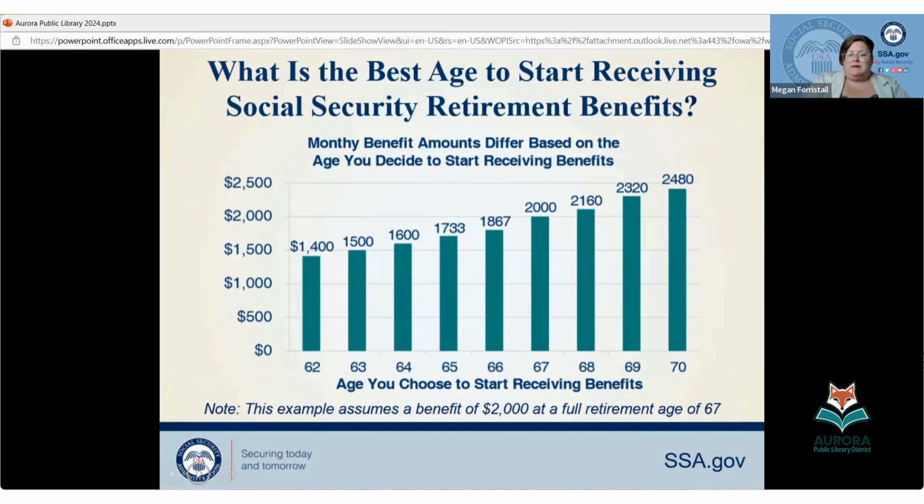But the thing to consider is that person at age 62 is getting 8 more years of benefit checks than the person who is waiting. So let's do 1,400 times 12 times 8. So that person at 62, they've collected $134,400, and that's without the cost of living increase, while that other person was waiting.